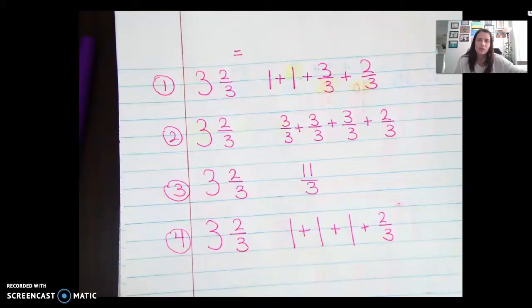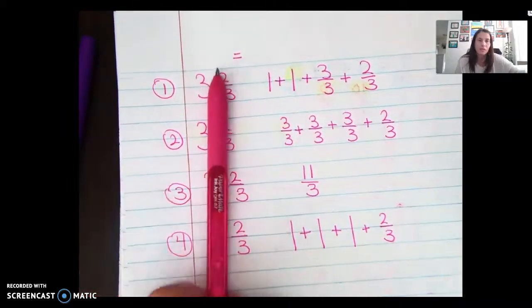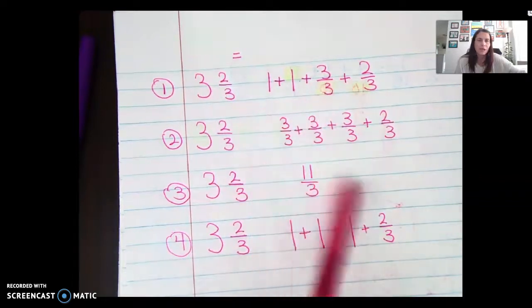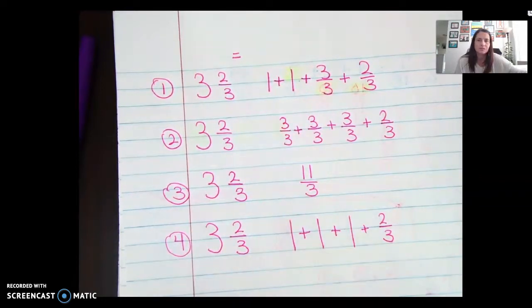I want to see if those are equal. So I've taken my mixed number and I've broken it up, and you've got to tell me if they're right.